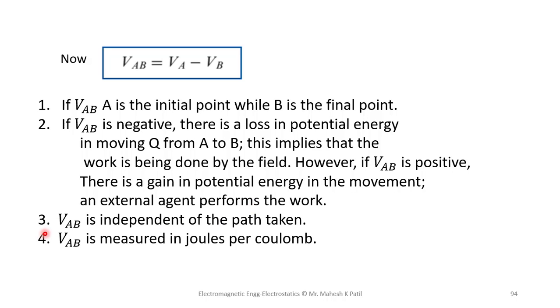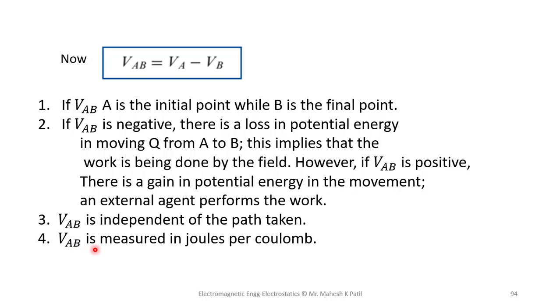Now we have already seen that if you go by any path from the initial point to the final point, you are going to get the same answer, the same work done. So we can say that potential is independent of the path taken. You can take any path; if your source point and destination point are the same, then you are going to get the same answer.